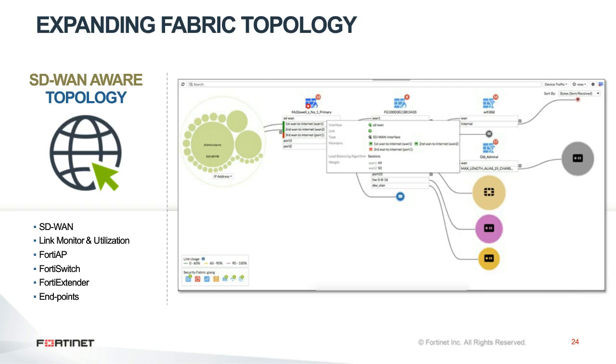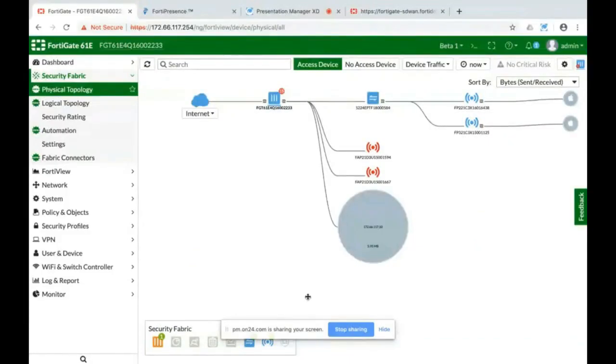Okay, so I will now go on to the demo. I have a very simple setup right here. So let's take a look at this. I hope you guys can see the screen of this FortiGate at a branch.